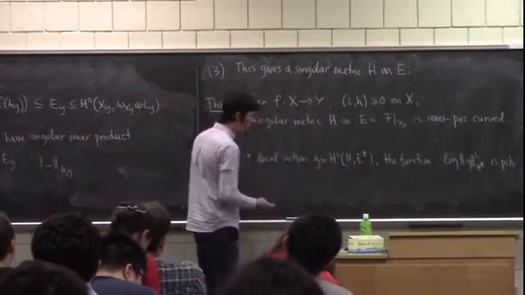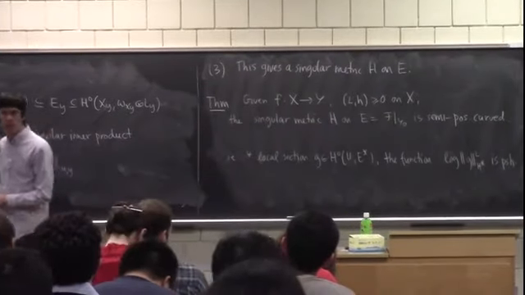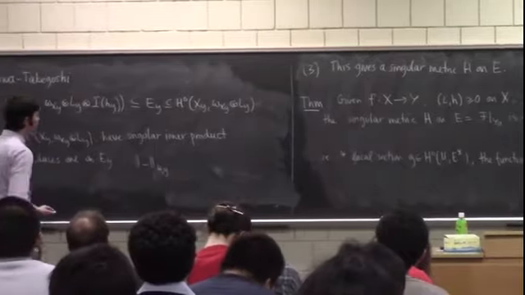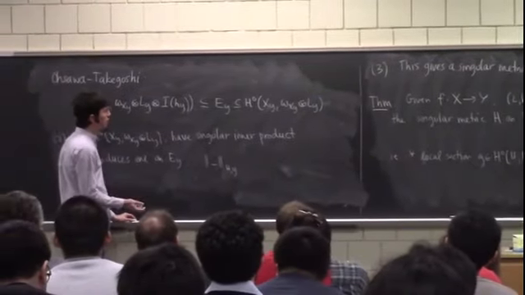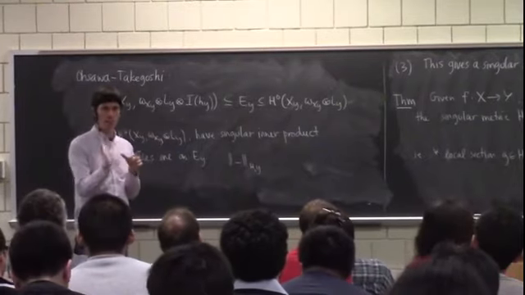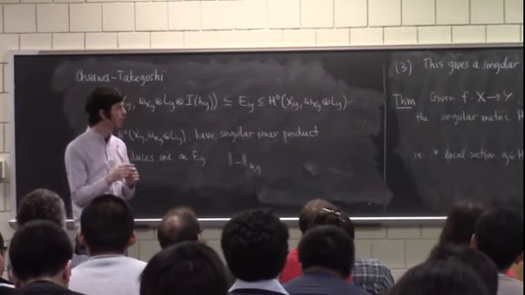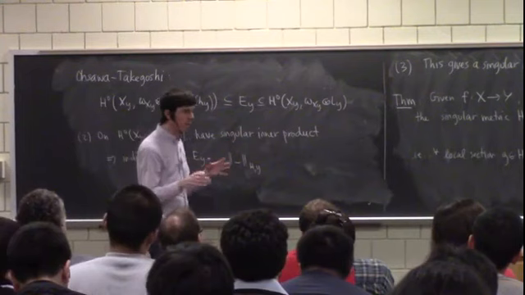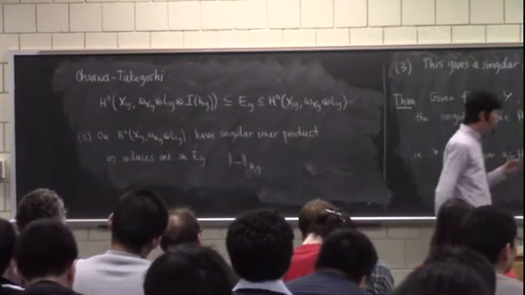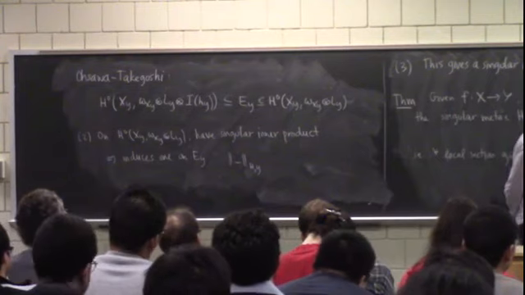So the thing that one does for this is you make heavy use of the Ohsawa-Takegoshi theorem. What the Ohsawa-Takegoshi theorem does is it gives you the ability to extend sections of a fiber to nearby fibers, right? So what's the problem?